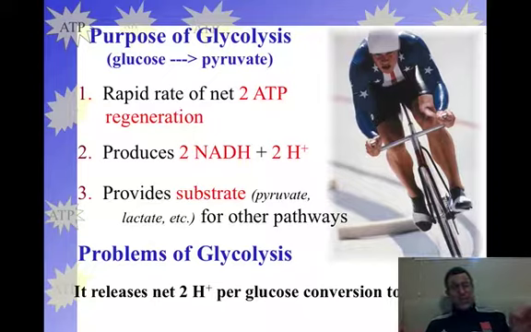Those give us some more ATP later on in metabolism. Glycolysis also provides other substrates. We end up with pyruvate, potentially lactate, and these substrates can be transported, shuttled, taxied, whatever, to other pathways and used for metabolism. We'll talk about that as well.